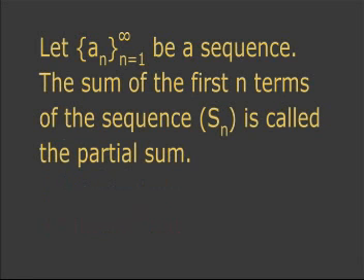If an is a sequence, the sum of the first n terms of the sequence, denoted by Sn, is called the partial sum of the sequence.